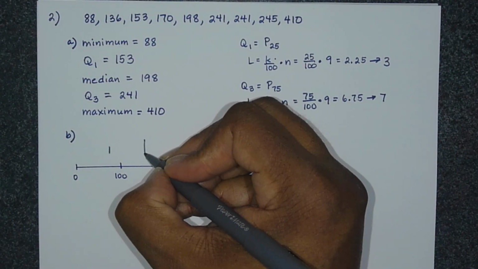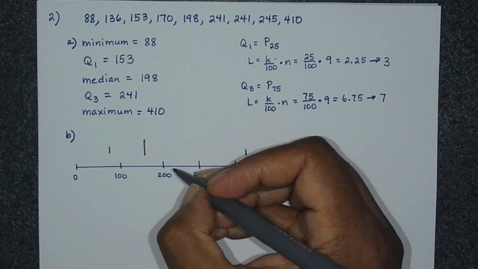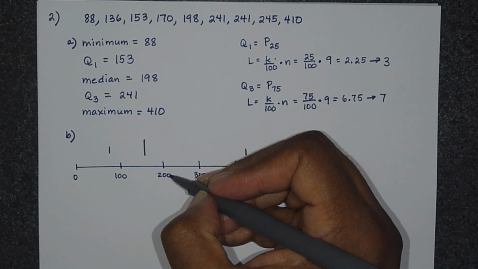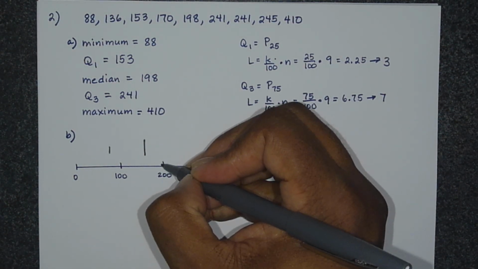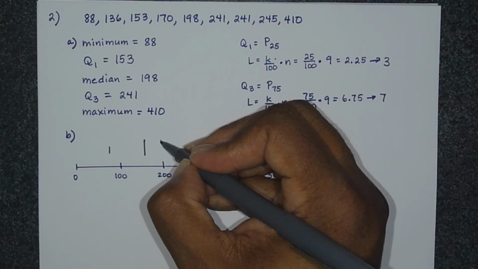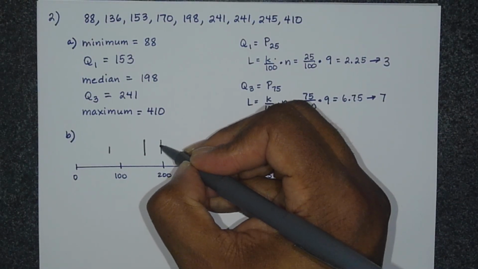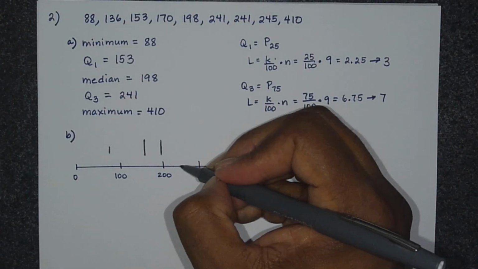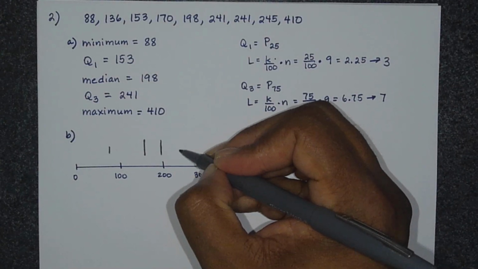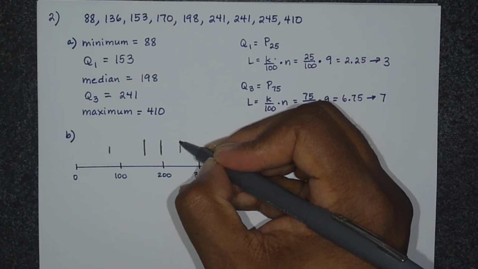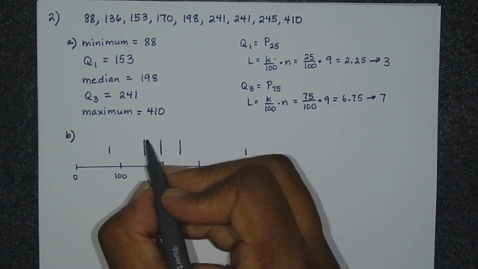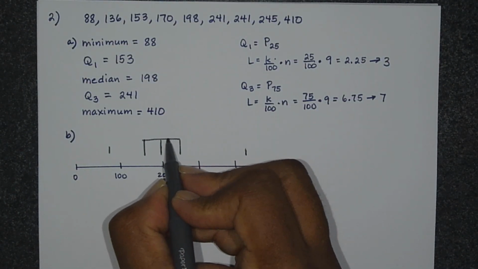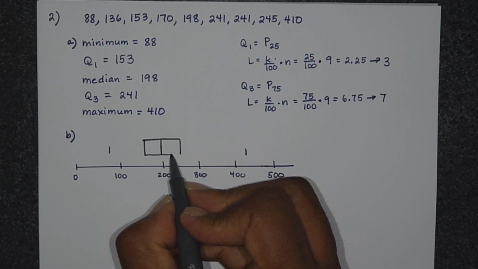So I'm going to draw a longer line here. And then 198 is close to 200, so I'm going to draw another equally long line here, close to 200. And then 241 would be about right here, so I'm going to draw another longer line like this. Those three make up the box.